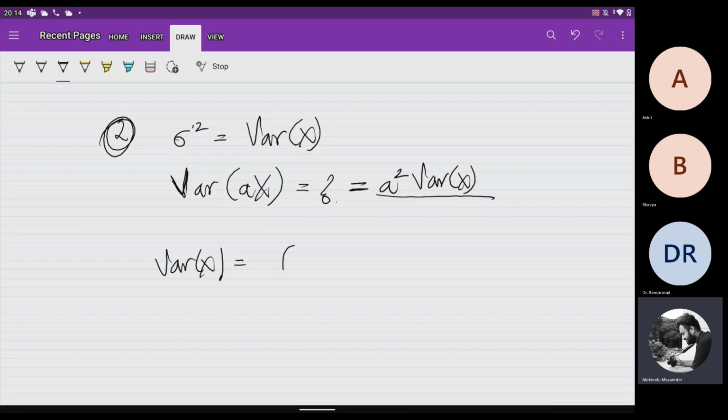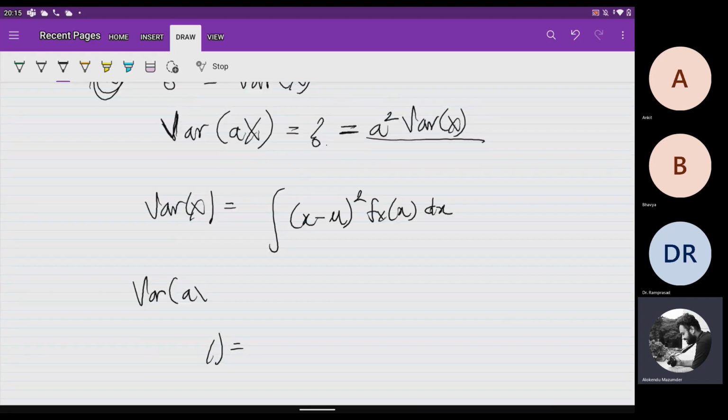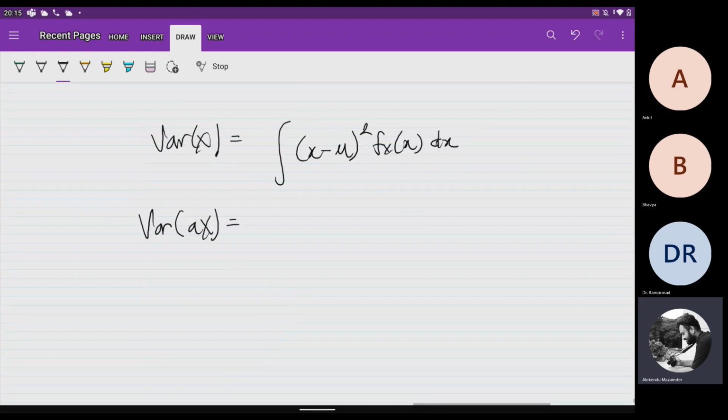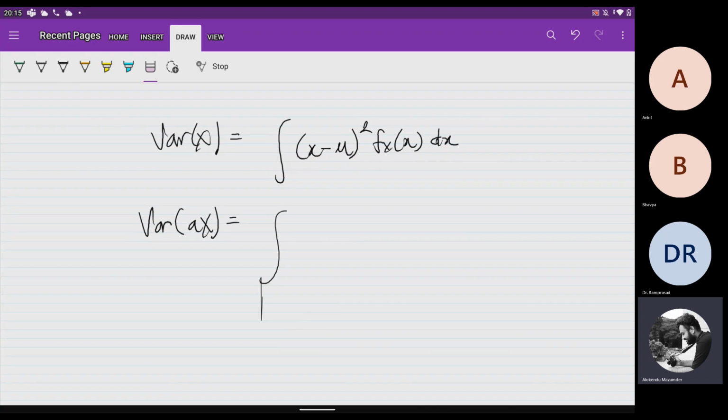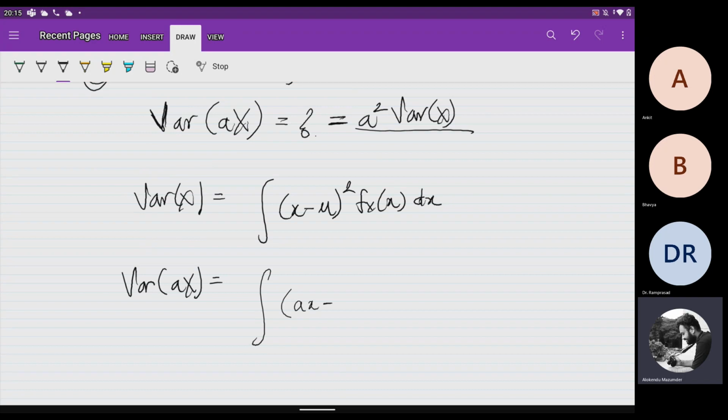So variance of x can be written as integral of x minus mean mu whole square fx dx. So variance of ax can be written as integral of ax minus a mu whole square fx dx.